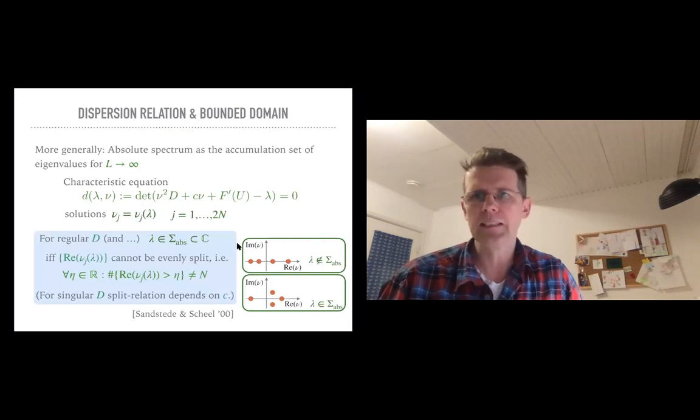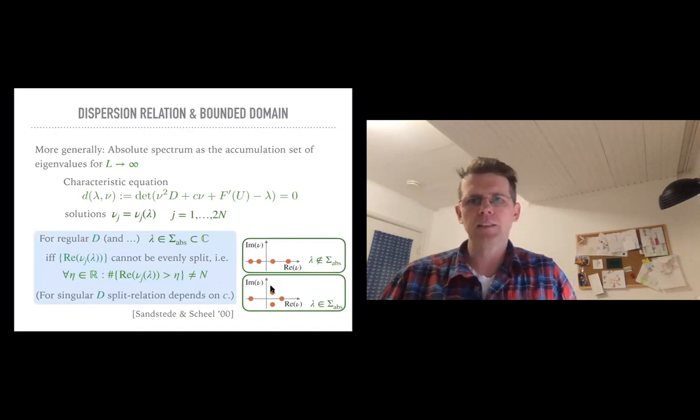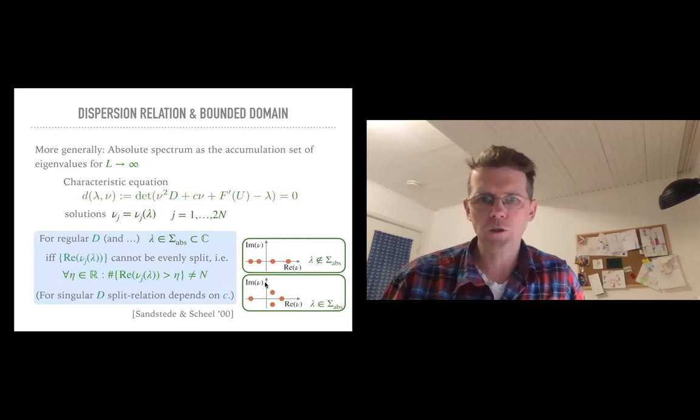And that's most easily seen in the complex plane picture here. So these two are for n equal to 2. Now in the first example, I can just take eta equal to 0. And then I have that the number of real parts that are bigger than this eta is 2. So this point is not going to lie in the absolute spectrum. On the other hand, for this example down here, wherever I choose eta, if I choose it to the left of this complex conjugate pair, the number of real parts that are bigger is 3.